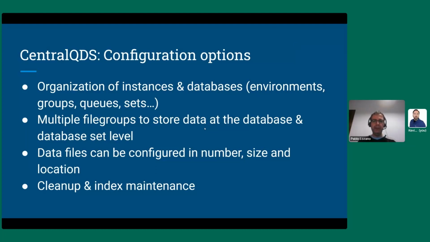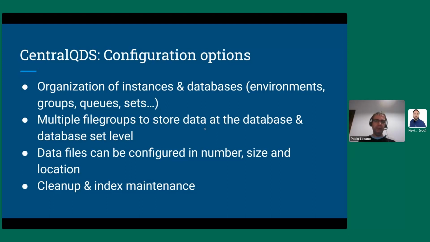Then you can set up queues. Queues are how CentralQDS will connect to a particular queue, which can combine any number of database instances to gather information from them. And then the sets, which is the level at which the data is aggregated and later used for the reports. So let's say you want to organize your databases by different applications, and then you have different queues.